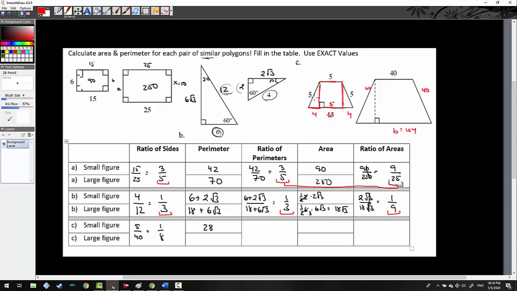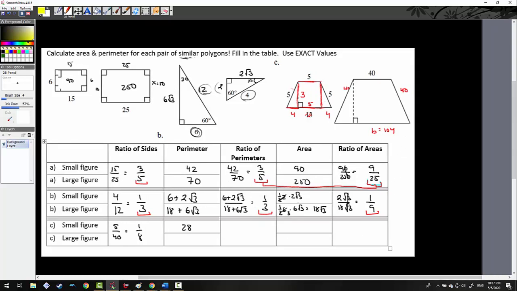Now, because this is a Pythagorean triple, being a 5 on the hypotenuse, a 4 on the base, that leaves only one option for the height, being 3. So what I can do is then use similar figures again to figure out the height of the larger trapezoid. So let's do that.